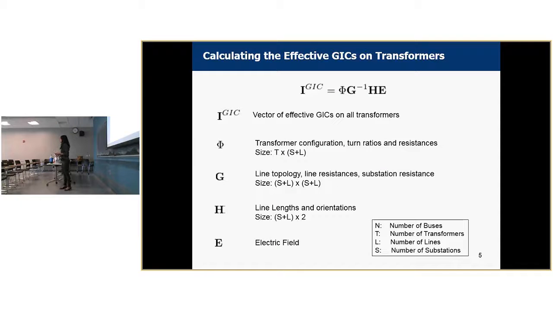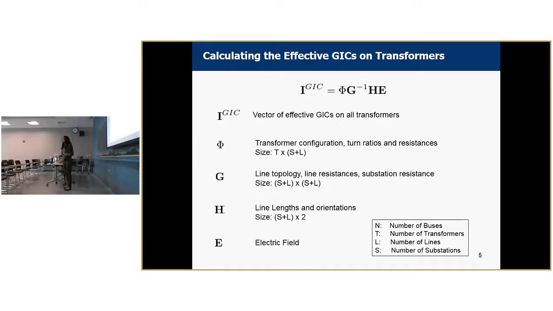Now, to calculate the effective GICs, we need to have some parameters. First, we need the electric field that is induced on the power system. Also, we need these three matrices that you see. One is phi, which captures the transformer configuration, like if it's delta-Y connected, or if it's an auto transformer, the transformer turn ratio, and also the resistance of a transformer.